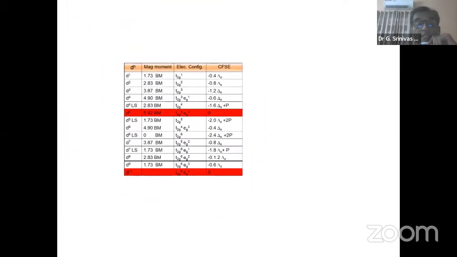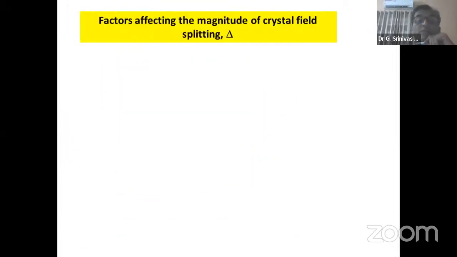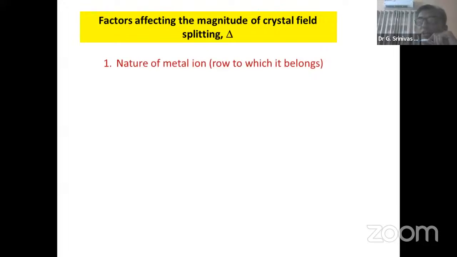So next, the factors affecting the magnitude of crystal field splitting. That is, how the crystal field splitting, the CFSE values, will change, and what factors affect the magnitude of the CFSE. There are majorly 4 aspects that will affect the crystal field stabilization energy.